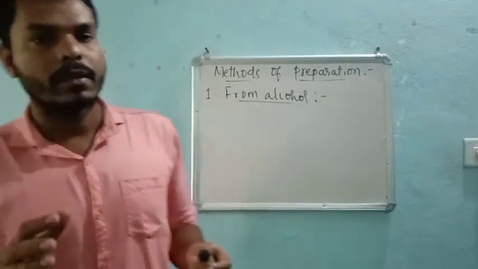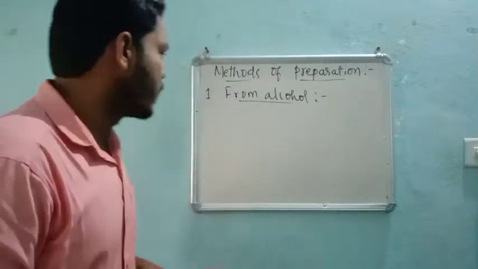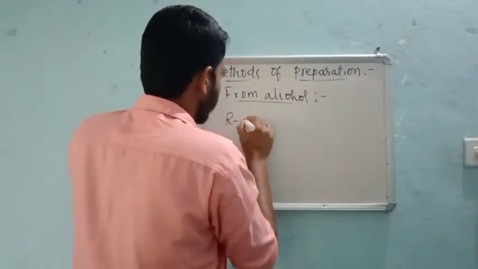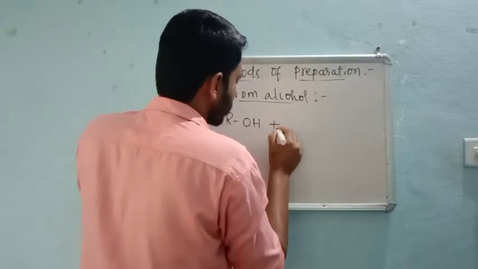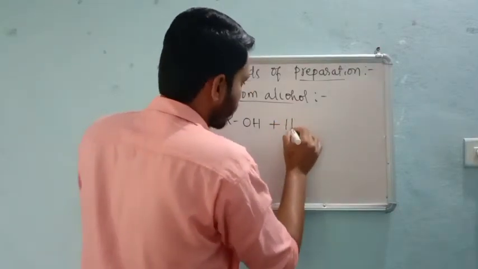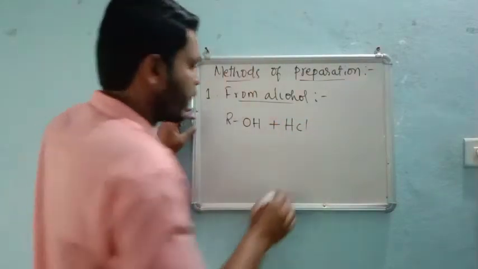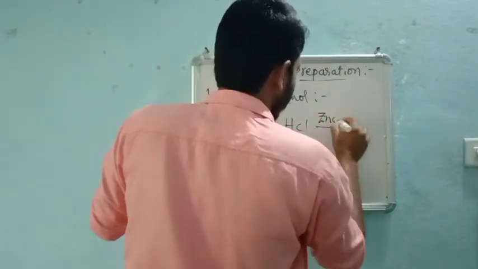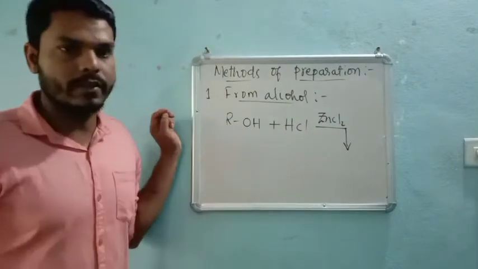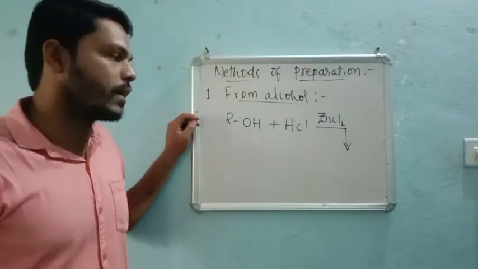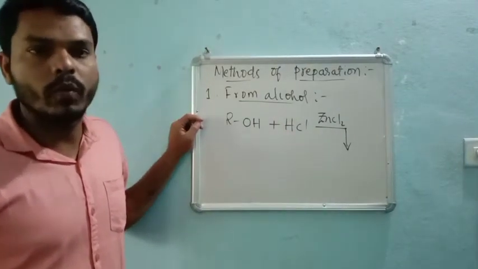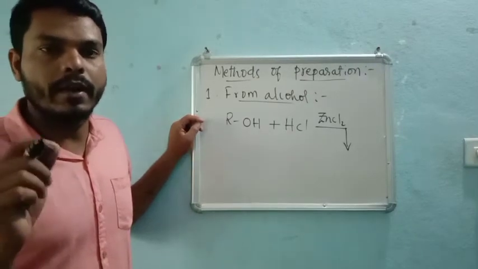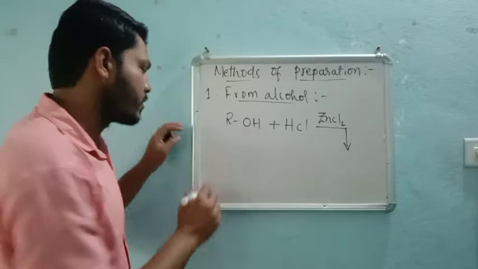See here, very simple reaction. Take one alcohol, with hydrochloric acid in the presence of ZnCl2. This is called Lucas reagent. And ZnCl2 helps in the dehydration. Dehydration is nothing but what?